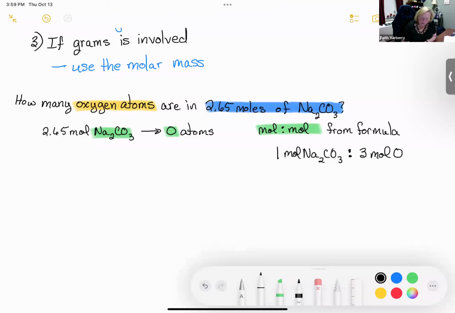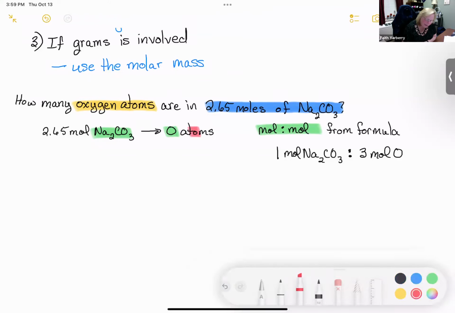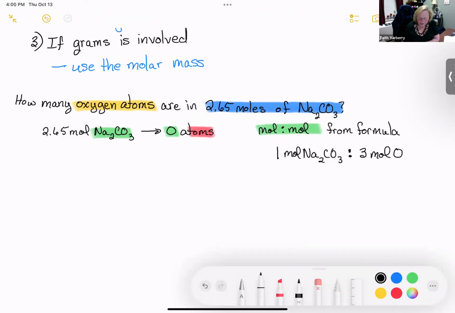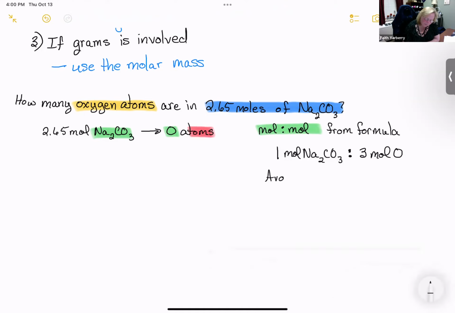The next thing I notice is I notice the term atoms. And I told you, anytime I see the word atoms, molecules, or ions, I am going to go to Avogadro's number.